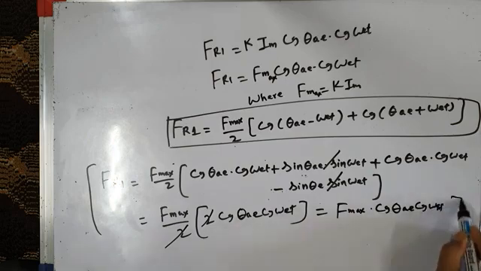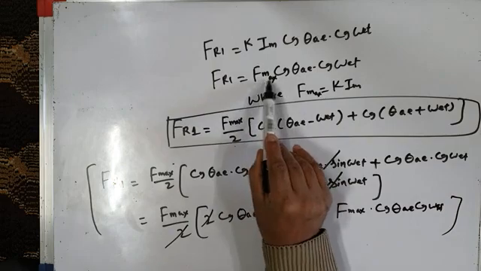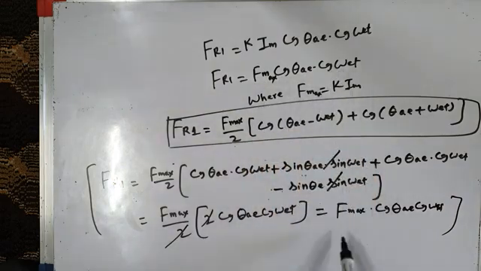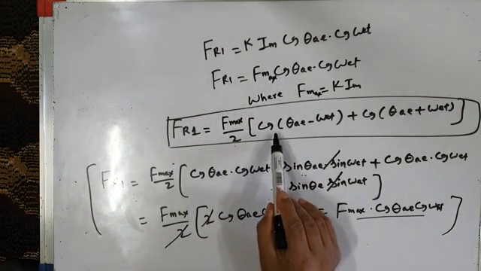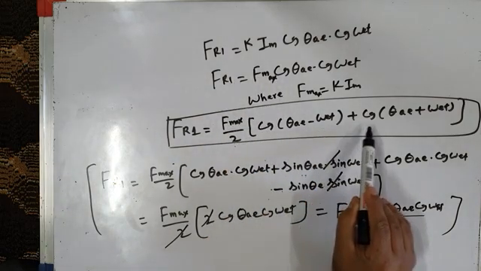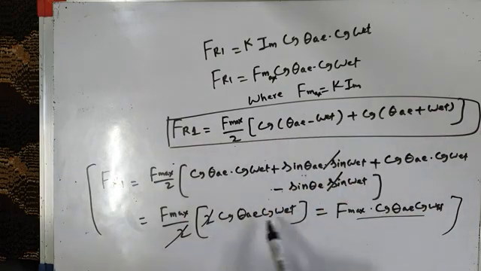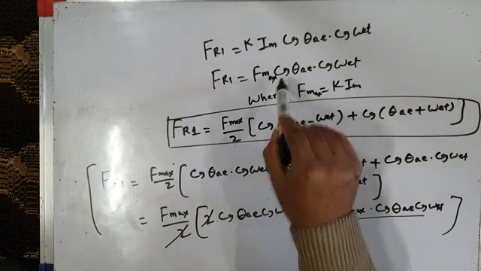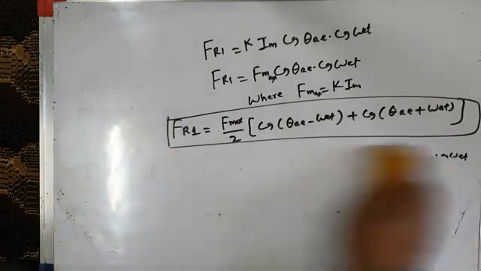This is the original equation, because originally FR1 was F max cos theta AE cos omega AT. So it has given me the same result. That means if I write this expression as F max by 2 times cos of theta AE minus omega AT plus cos of theta AE plus omega AT and expand it, it gives me the same value as the original. Okay, so fine.